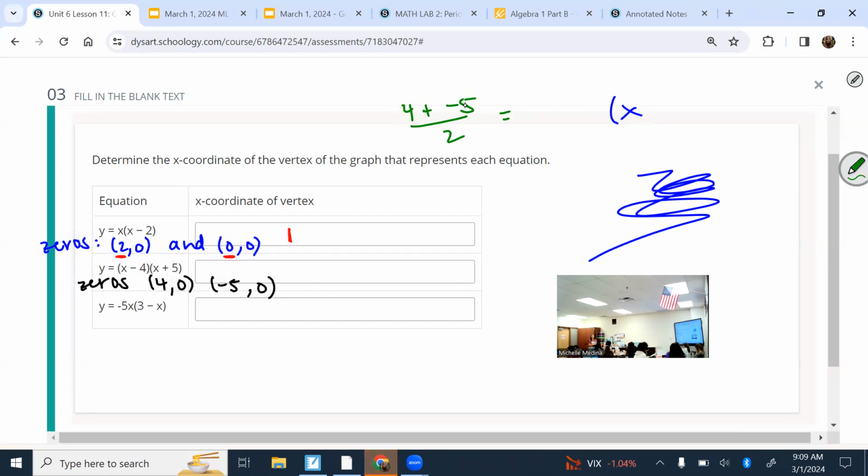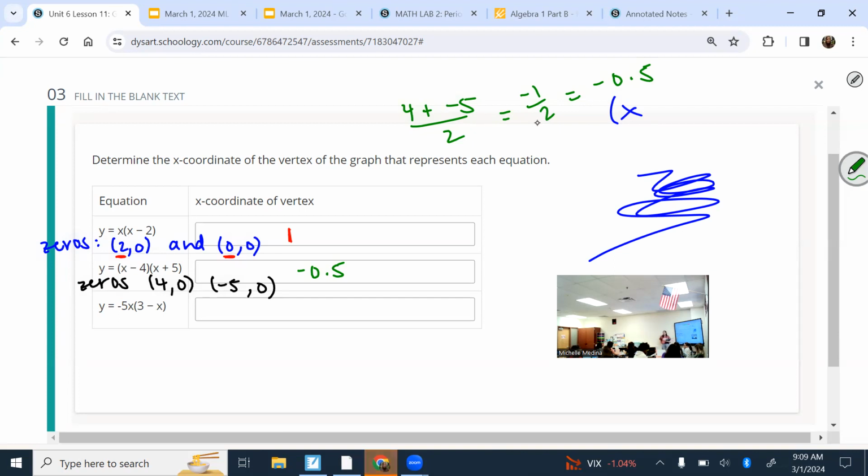What's 4 plus -5? Asking all of you. And then -1 divided by 2 is -0.5 is what our x value of our vertex will be. It's not asking about the whole vertex, right? It's just asking about the x value.